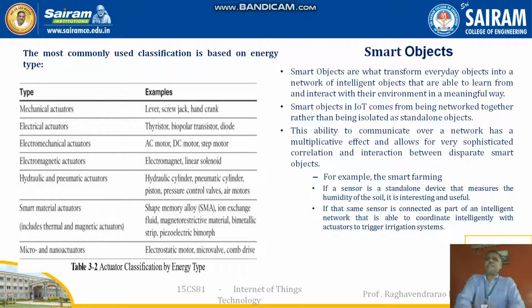Next, let us see about the smart objects. Here the smart objects are what transform everyday objects into a network of intelligent objects, is what the definition says. So they are able to learn from the internet and interact with their environment in a meaningful way.